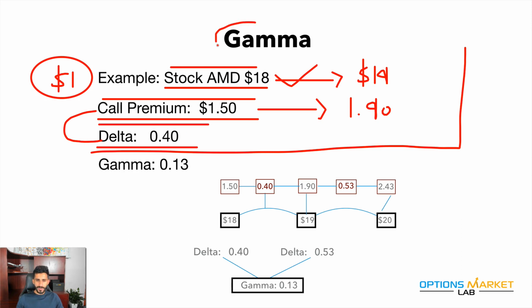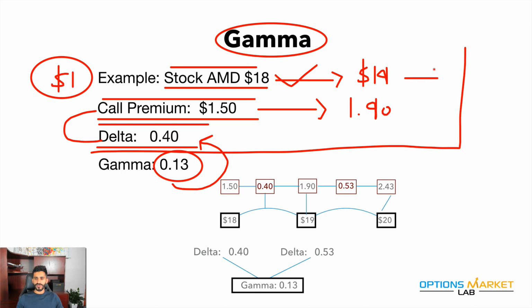Now what the gamma does, the gamma says after each $1 move, the gamma will add to the delta. Meaning that if stock AMD goes from 19 to 20, instead of the premium adding 40 cents, it will combine the gamma into the delta, making the delta now 53 cents.